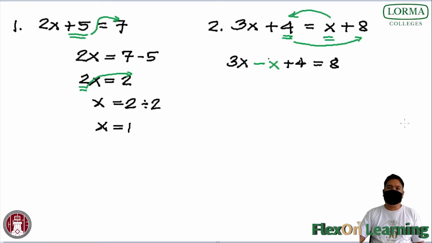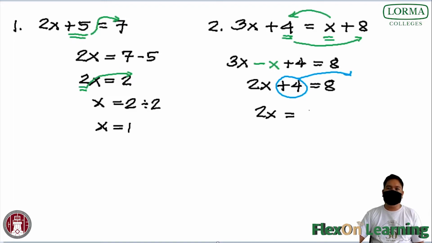So 3x minus x, it's like saying 3 apples minus 1 apple. So that would be 2 apples, correct? Then plus 4 equals 8. As you can see, it's almost the same there. So we transfer this one. Let's use another color. There. So we just negate the operation.